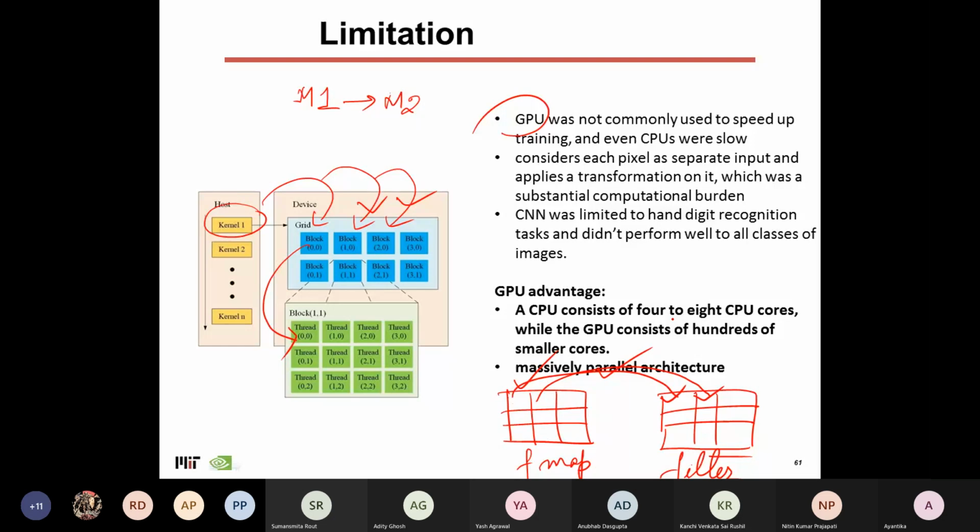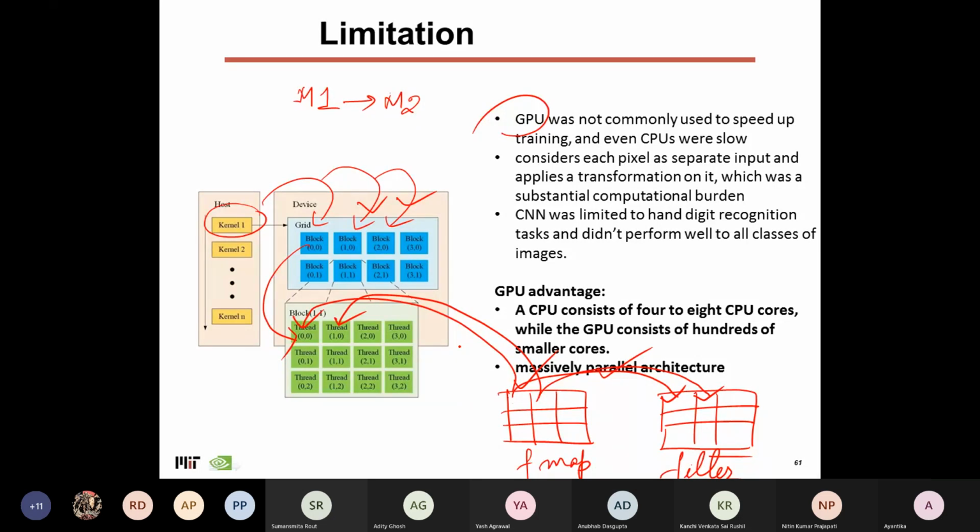But now with GPU, you are offloading this multiplication here, this multiplication here, and so on. So with the invention of the GPU architecture, machine learning improved a lot in performance and decreased in computation time.